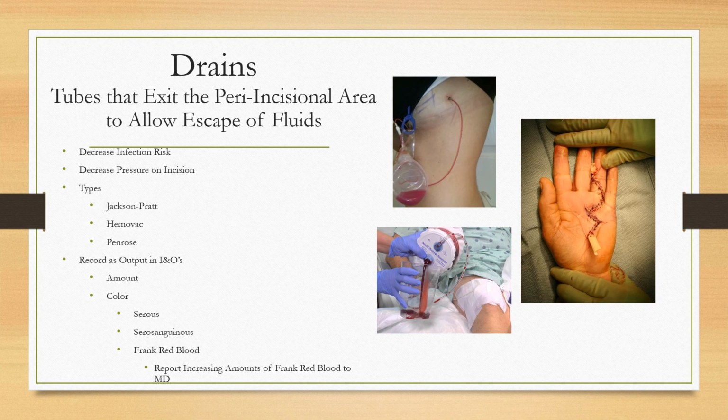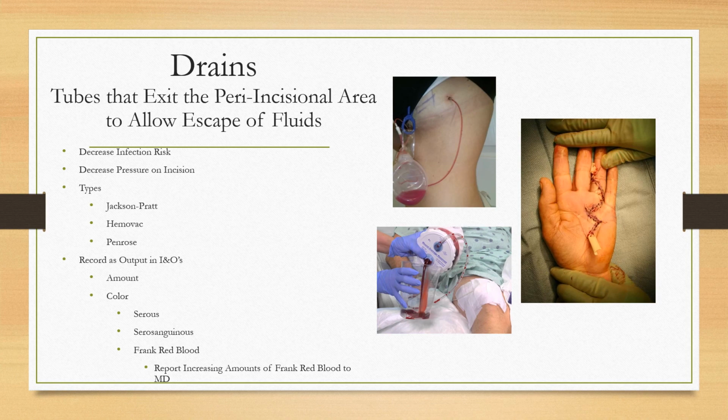Okay. So serous fluid is yellow. Serosanguinous fluid is kind of like what you're seeing in the top left bulb there. It's reddish. Looks a bit like Kool-Aid. It's got a bit of blood and it's mixed with yellow serous fluid. Not infected though. And then of course frank blood, such as in the bottom left.